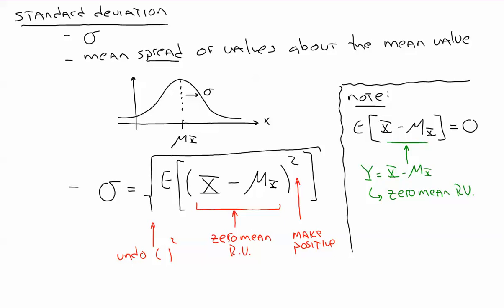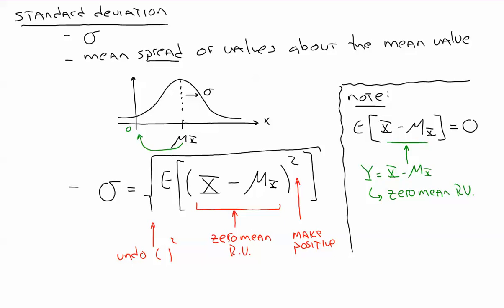In effect, what I do is take the mean and shove it back down to 0. The expected value, or the mean value, of a 0 mean random variable is exactly 0. If the mean of a random variable is 0, it's 50% likely to be above 0 and 50% likely to be below 0. The expected value of a 0 mean random variable is 0.